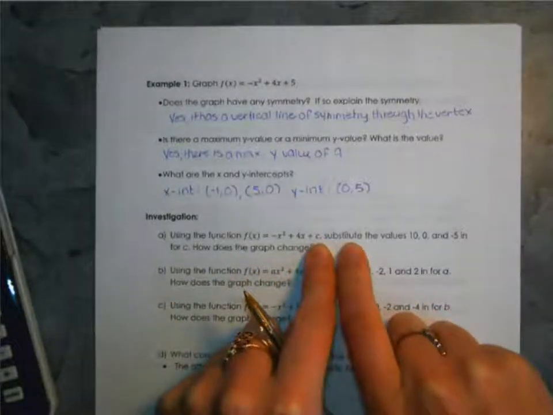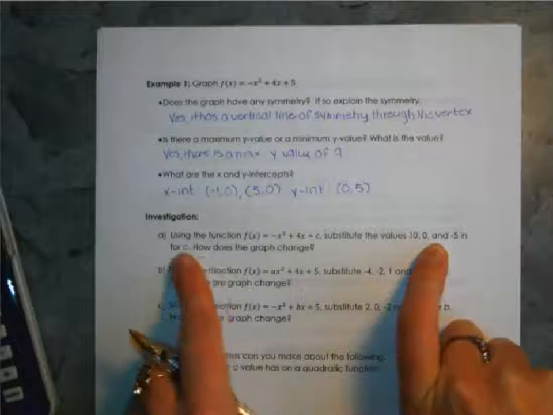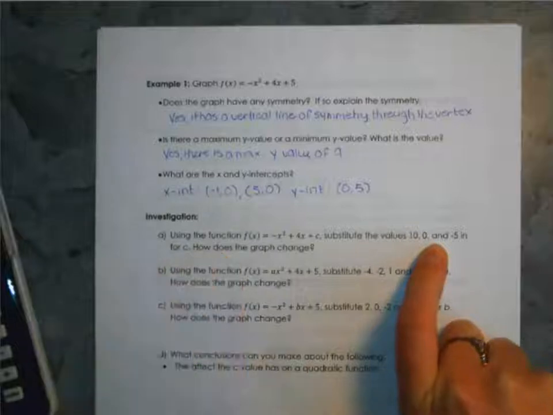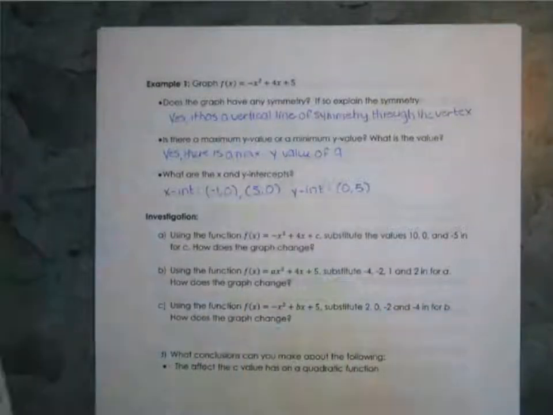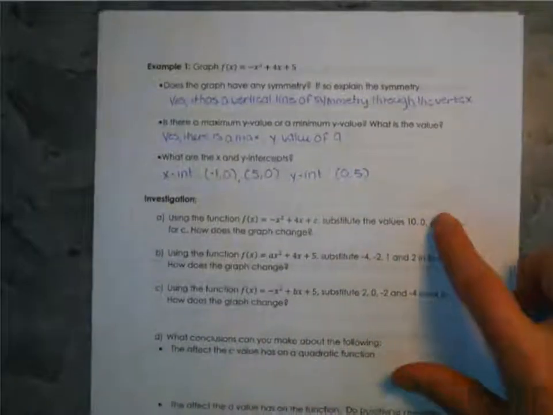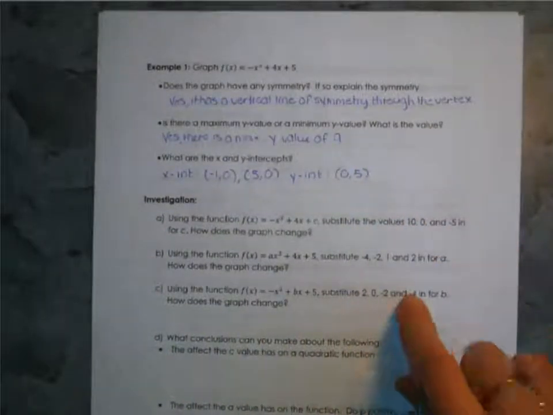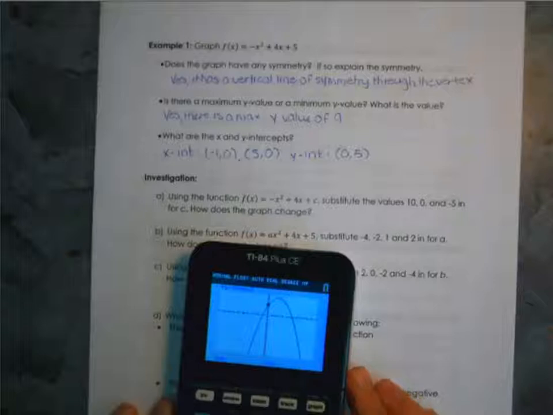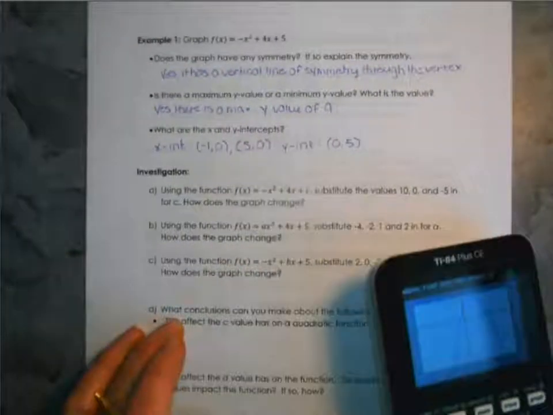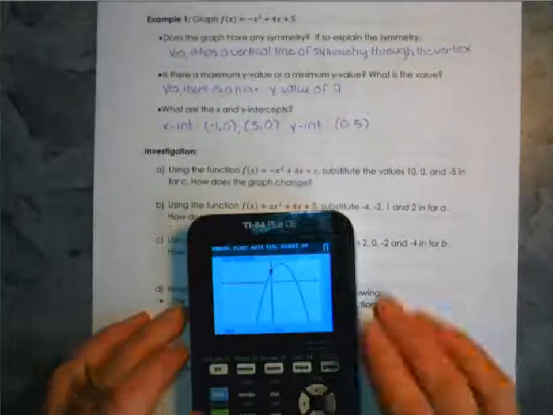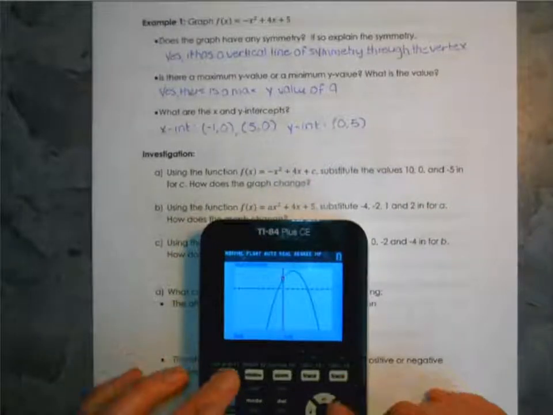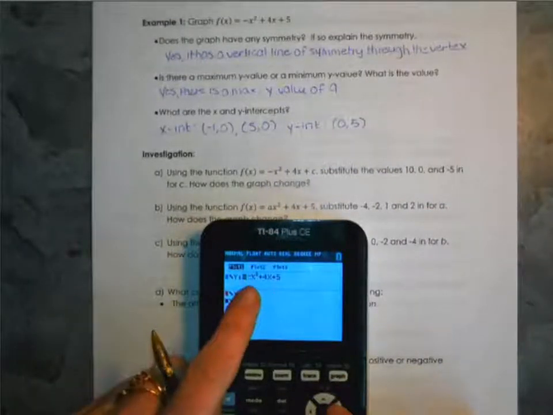They want us to substitute in some different values for c to see how the graph changes. So if you feel comfortable, pause the video and try all 3 of these. If you need some help, then you can watch, but otherwise you can come back to this after you've tried it yourself.